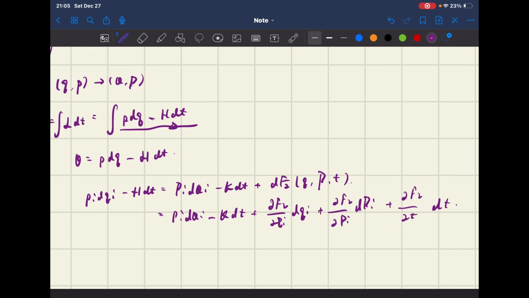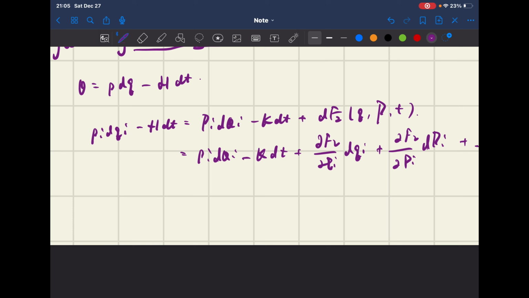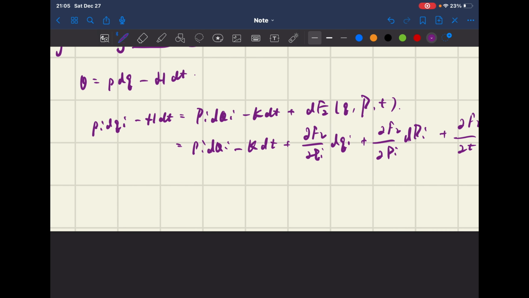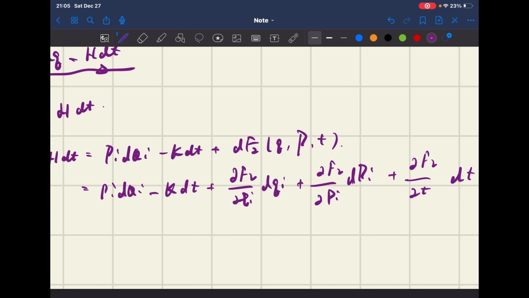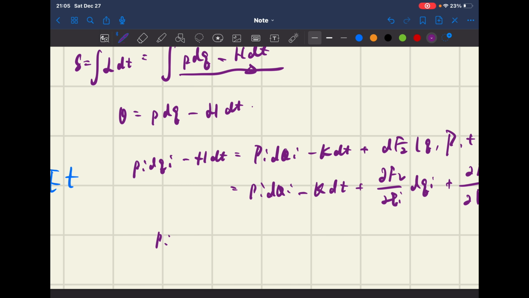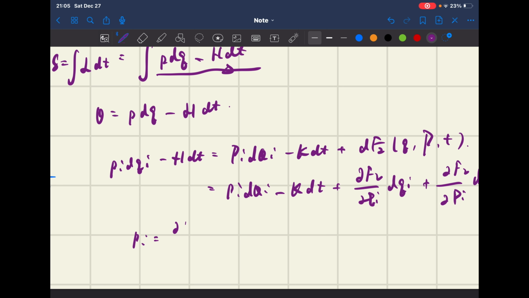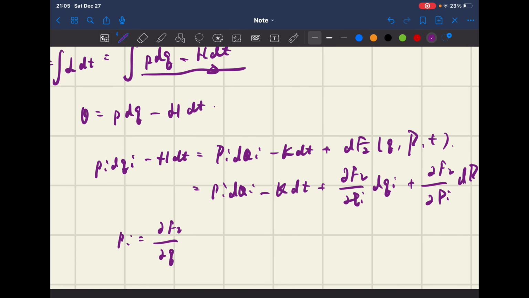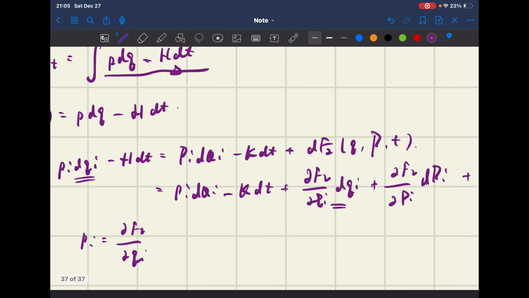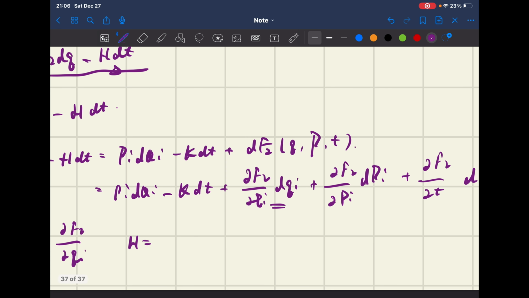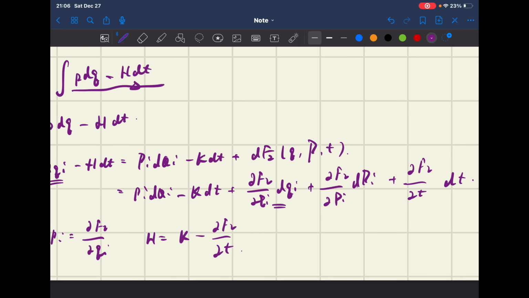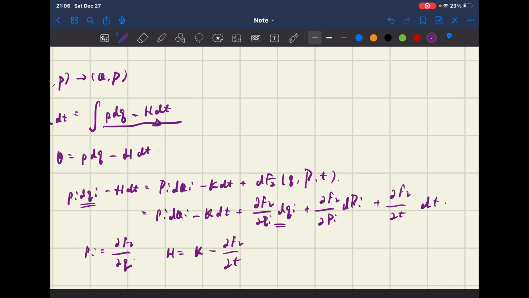Then we can equate the two sides. You would obtain, for dq_i, p_i is equal to partial of F2 over partial of q_i, since this term is equal to this term, and for the dt term, H is equal to K minus partial of F2 over partial of t.